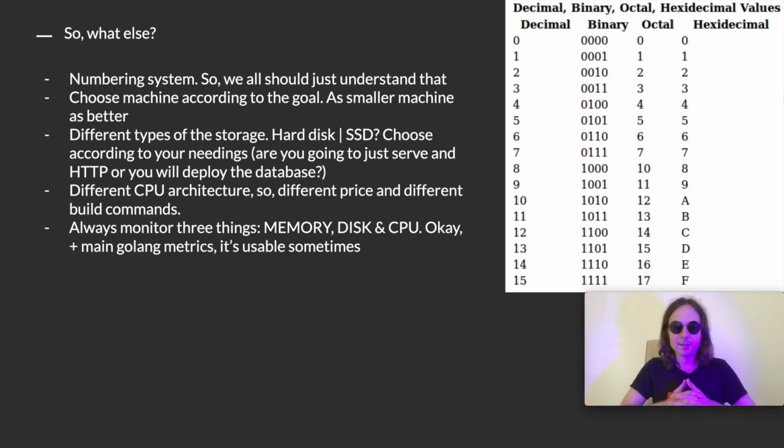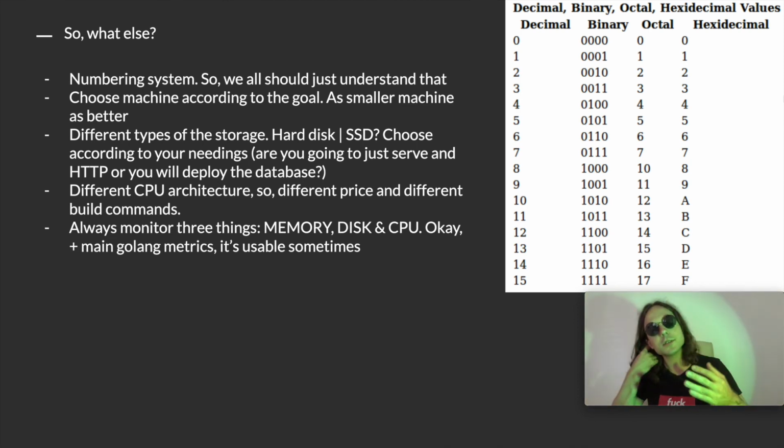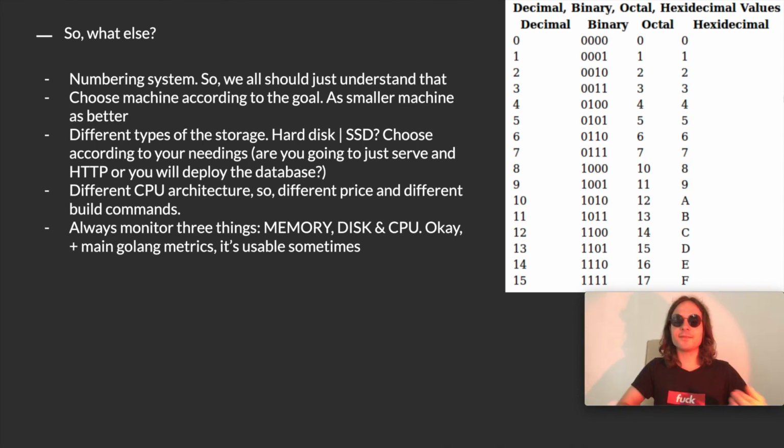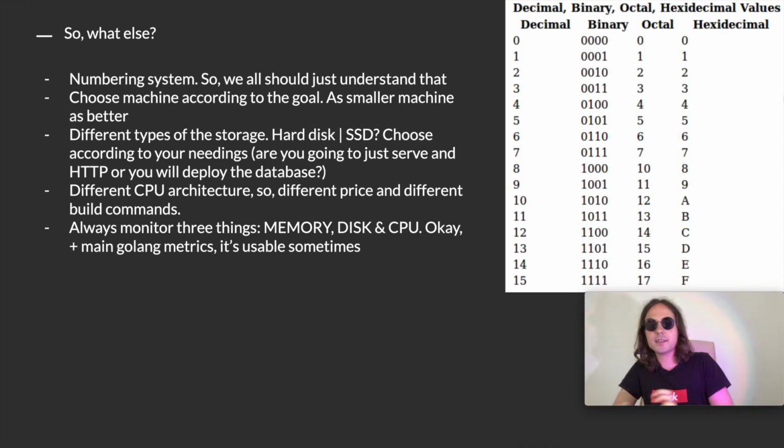And the final thing is about monitoring of your application. It is a very common mistake of junior developers that they just create an application and do not think about its monitoring. That is very, very important. Golang has some built-in metrics, but in most cases you will check three of them.